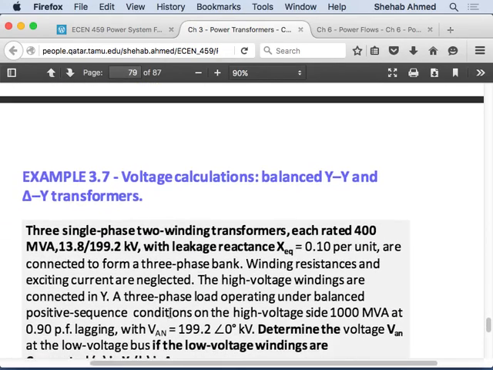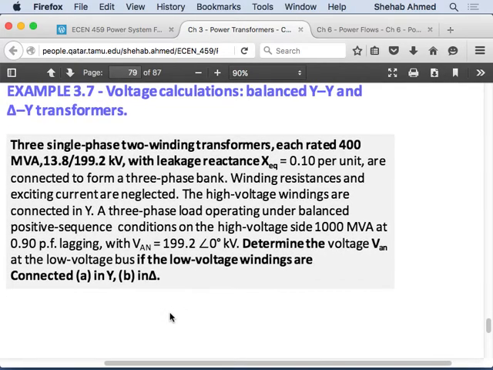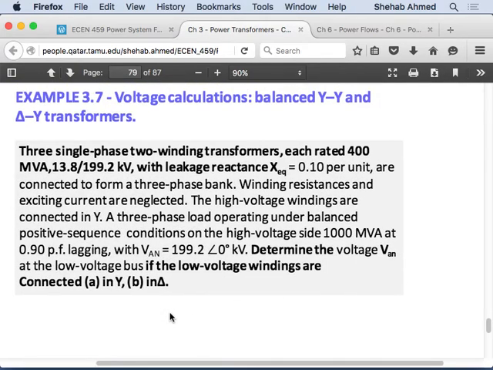Okay. Another example. Also confusing, probably. But this one's in per unit. Okay, 3 single-phase, 2-winding transformers. Here they tell you 3 single-phase, 2-winding transformers, each rated for 400 MVA, 13.8 to 199.2 kilovolts.